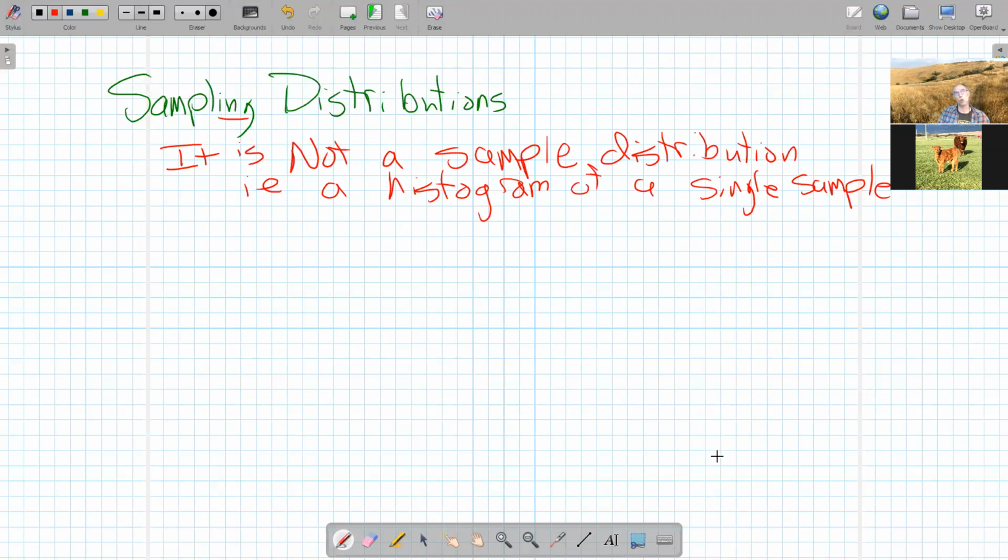Of those 184, they were only able to estimate the incubation days for 181 of them. So a few of them, they just couldn't find enough information about their medical history and getting the disease to figure that out. And that often happens when collecting data. It's kind of fuzzy sometimes. So a sampling distribution is not a histogram of a single sample. It is also not a population distribution.